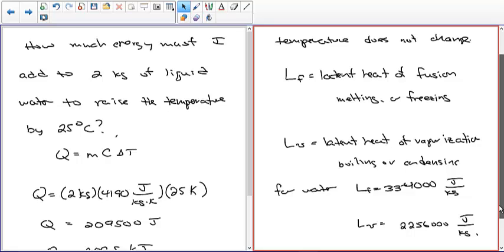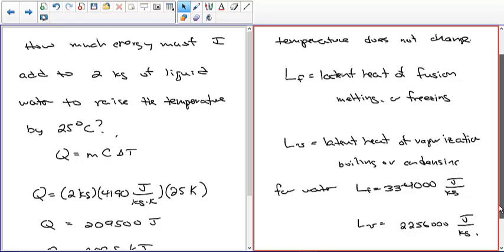No, actually that's million. 2,256,000 joules per kilogram. So you have to put a lot of energy in to change something from a liquid to a gas typically. I think that's 334, not 339. I'm not sure. I'll find out here in a second when I use it.